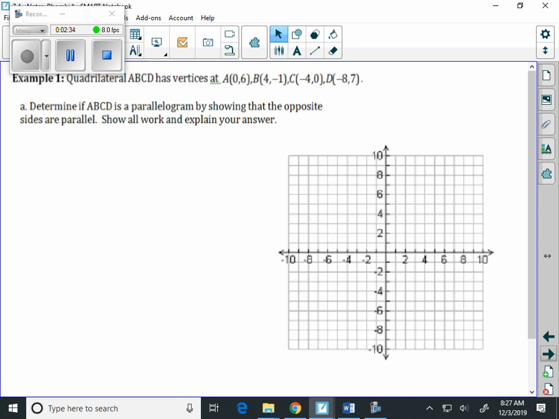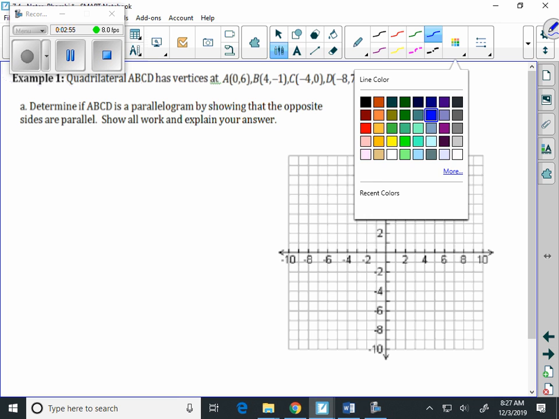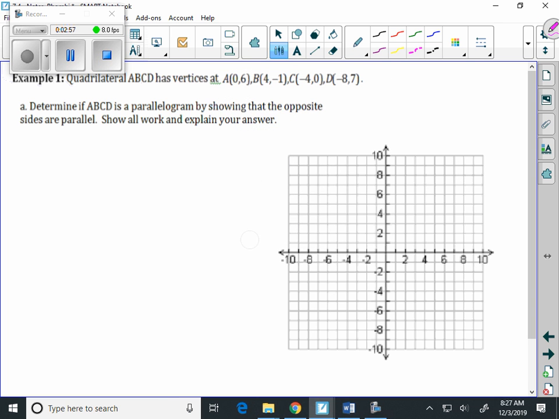because with the start here, we're given quadrilateral ABCD has vertices at A(0, 6), B(4, -1), C(-4, 0), and D(-8, 7). It says determine if ABCD is a parallelogram by showing that opposite sides are parallel. Show all work and explain our answer. So when we start here, we'll graph these points.